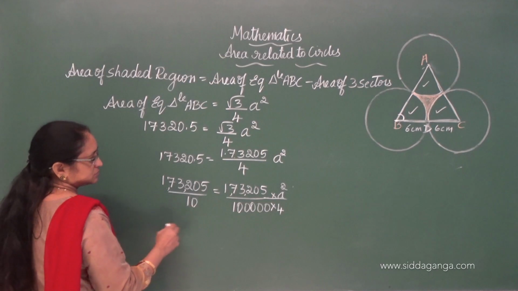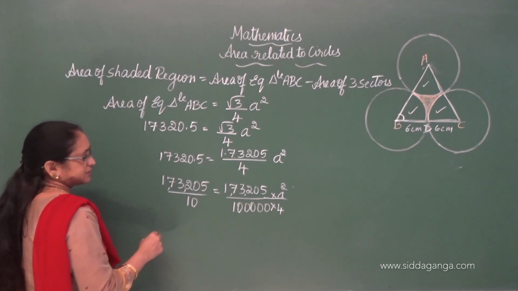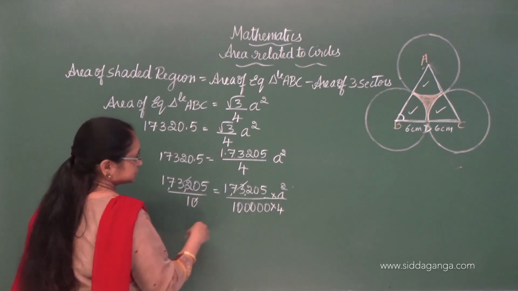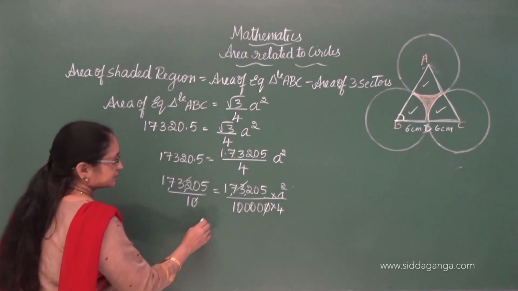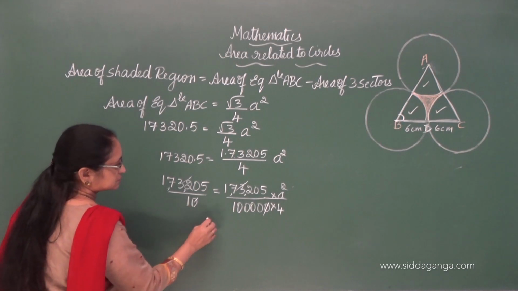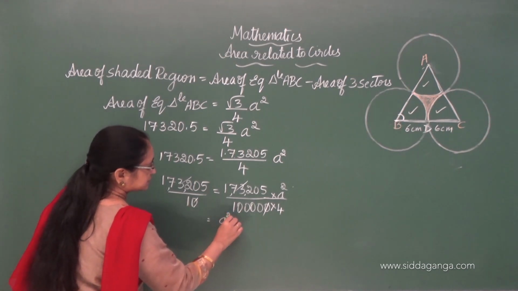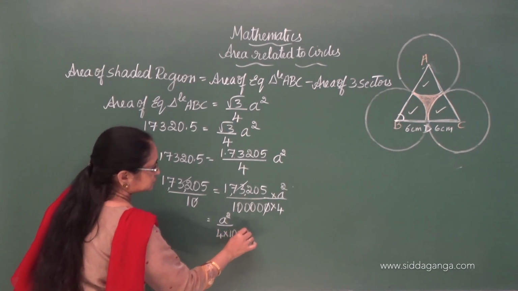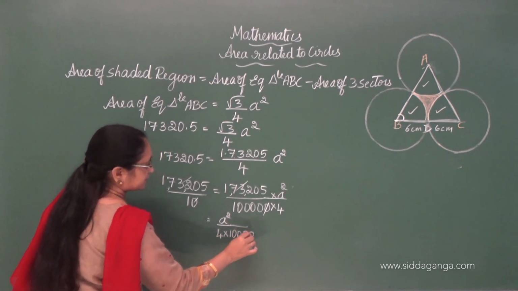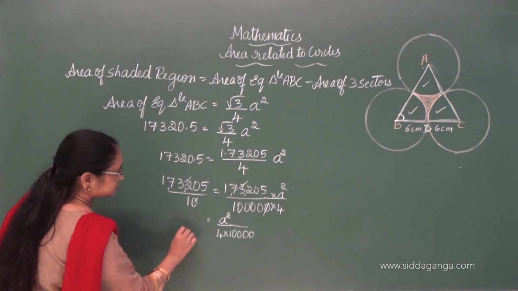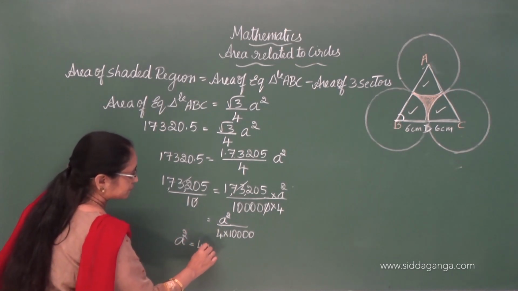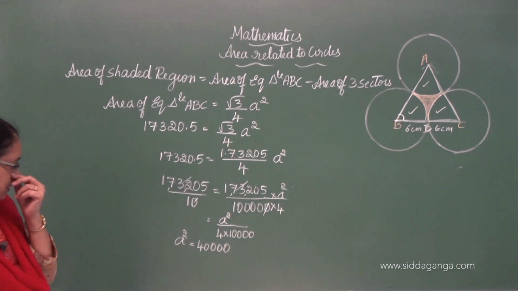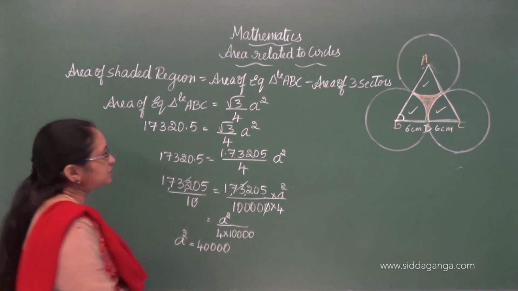Now, you try to solve it. So, finally, what remains? Just see, this gets cancelled, 10 and 10 get cancelled, giving you here A square by 4 into 4 zeros, okay. Now, A square is equal to 4 zeros, correct.